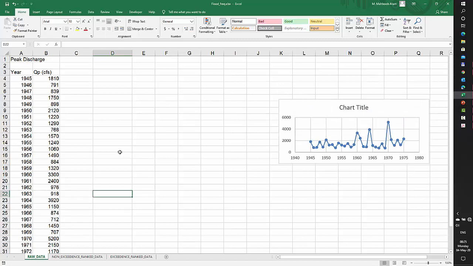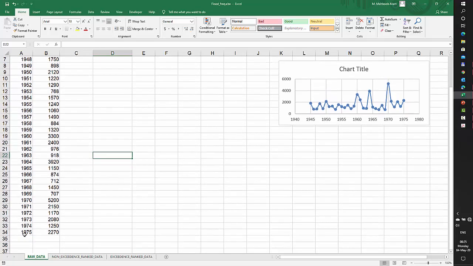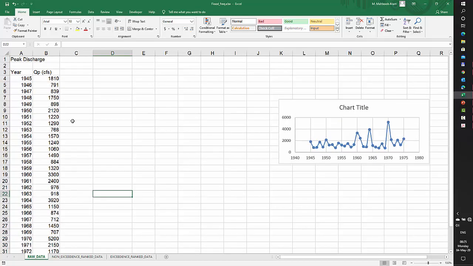Another thing that you should look into is to look at the histograms, or the frequencies of data. Now this data can be anything. I'm just looking at the yearly data here from 1945 to 1975, but it can be daily data, right?